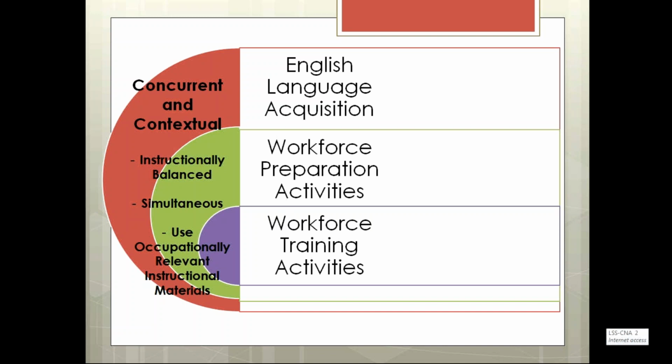So a student may be enrolled in a pre-CNA class and at the same time enrolled in English language acquisition classes, and they have civics and they have workforce preparation activities going on. That is IET. But there are other ways to see it as well. So let me move forward and show some of those.